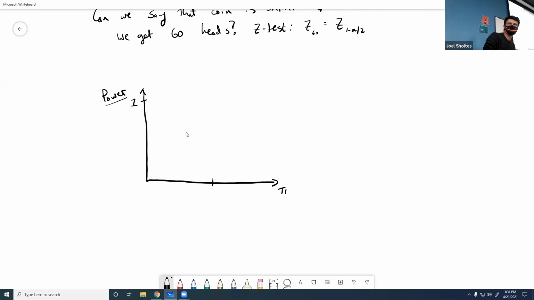And then on the x-axis, we have the true probability of heads of the coin that we are testing to see if it's unfair or not. So the true probability of heads should be 50%, but we could have unfair coins. So 0.4, 0.3, 0.2, 0.6, 0.7, 0.8.